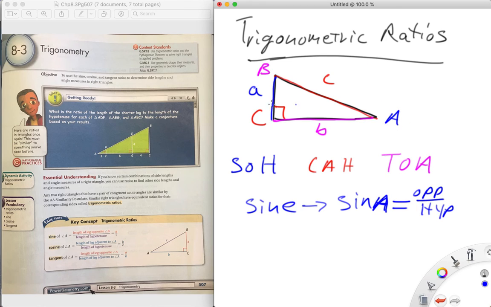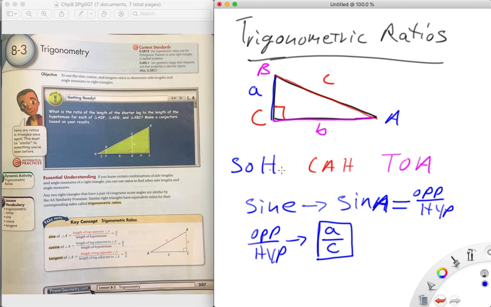In this case, what is opposite of A? Lowercase a. So opposite over hypotenuse. Remember, this is the ratio. So you have lowercase a. What's the hypotenuse? Lowercase c. So this is the fraction of sine, opposite over hypotenuse.